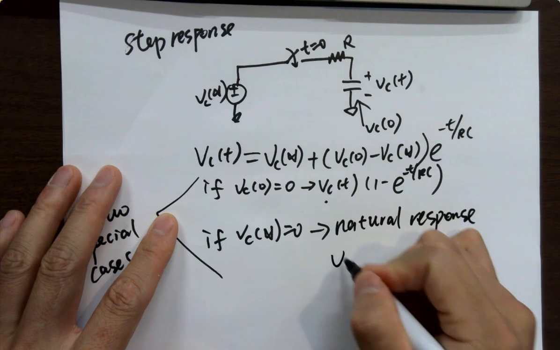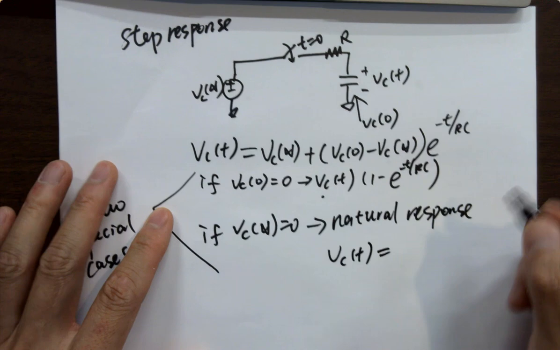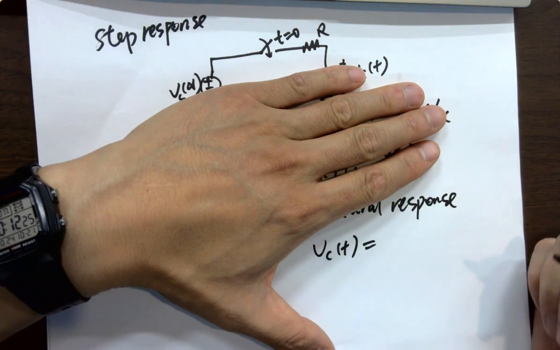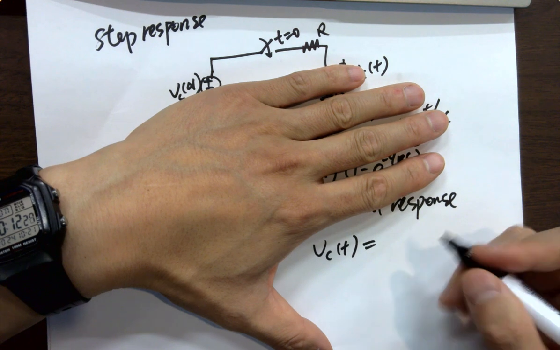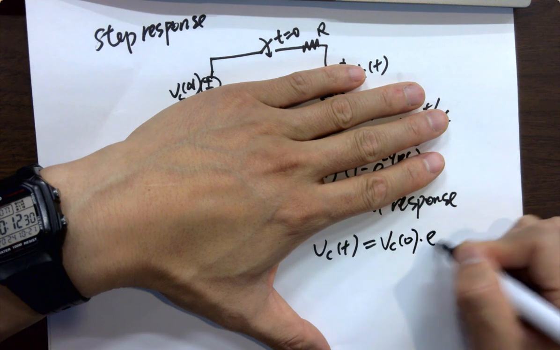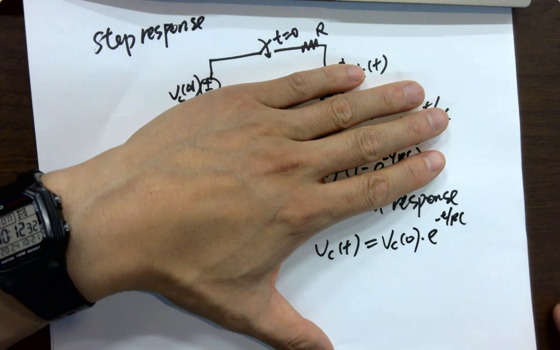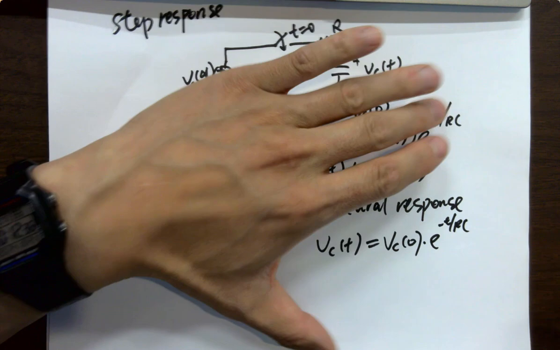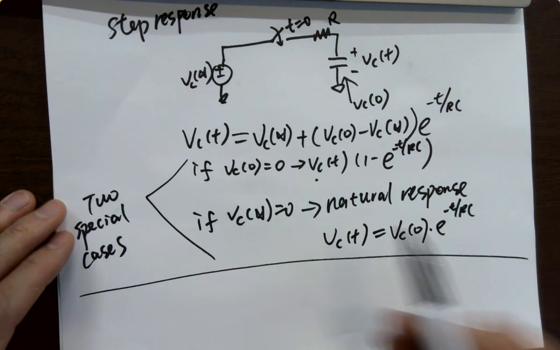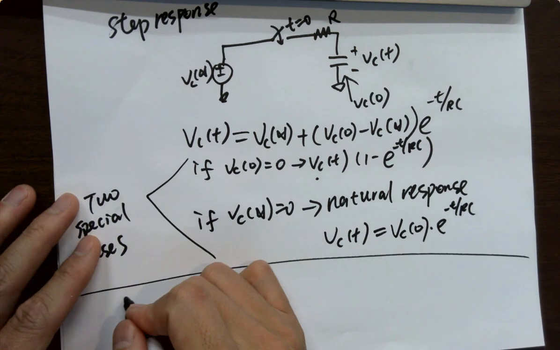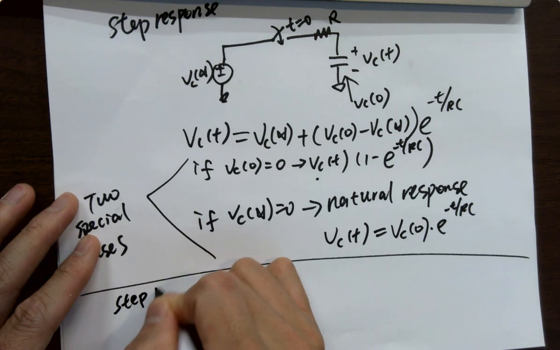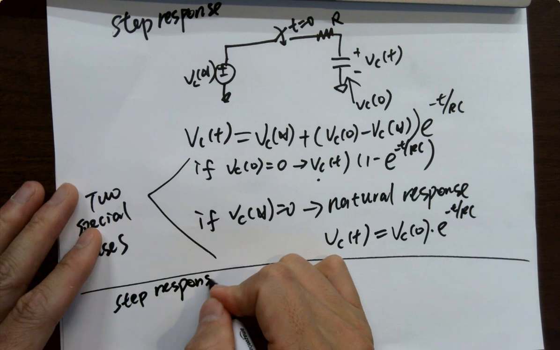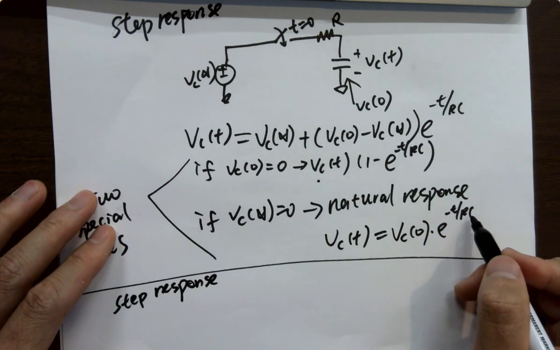What's the equation? VC(t) equals what? Natural response. What is it? Yeah, VC0 times e to the negative t over RC, right? Repeated it so many times. Natural response. Very similar cases for inductors. It just changes the voltage to current and changes the time constant.